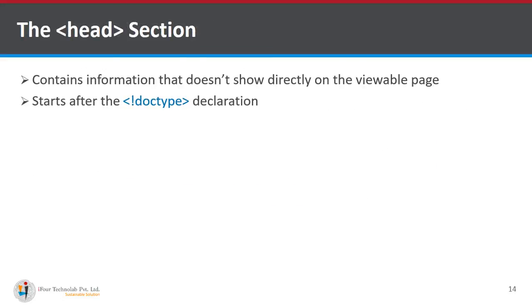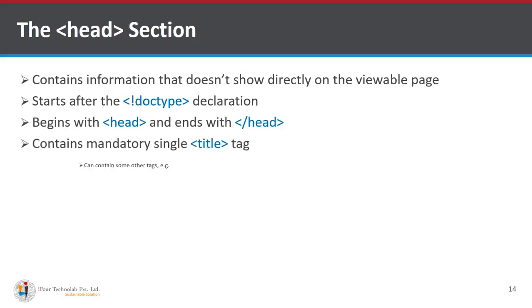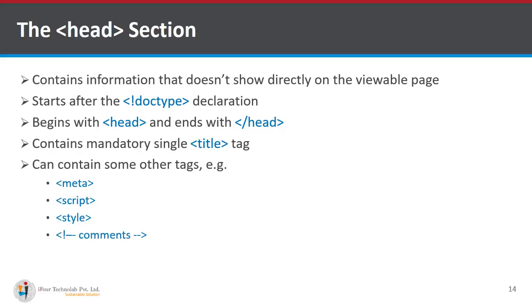The head section contains information that doesn't show directly on the viewable page. As I said, inside a head section we have a title. It is not displayed on the page but on the title bar of a window. Some other tags included in the head section are meta tags, script tags and style tags. Comments, if you want any.